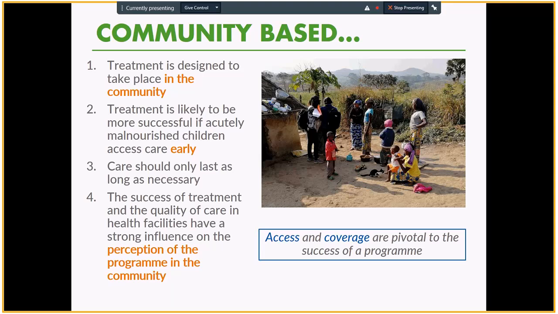So ensuring that there's really easy access, or as easy as possible, and that the coverage of the programme, as in the proportion of children who are able to access treatment, is as high as possible is really important. Without these things, a CMAM program will be missing a vital component of its end mission of reaching all children in the community.